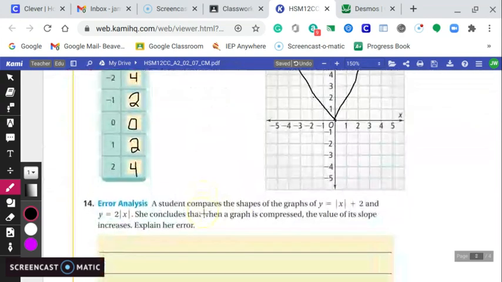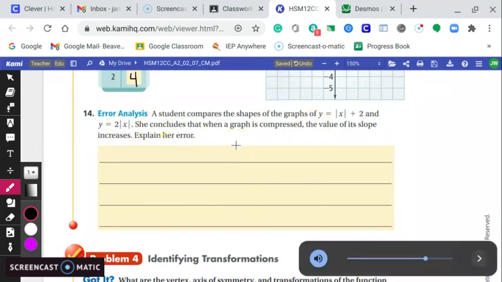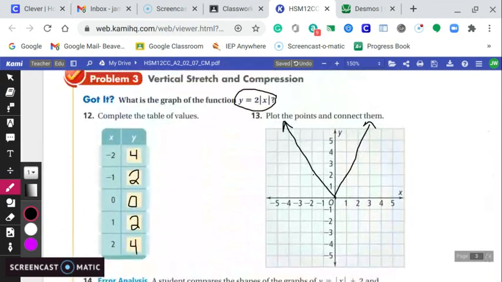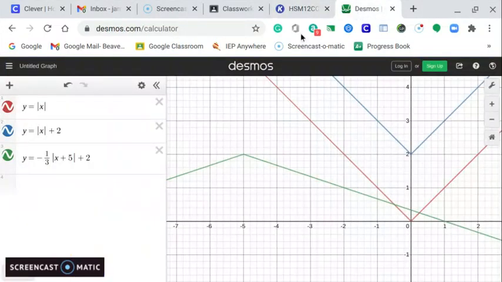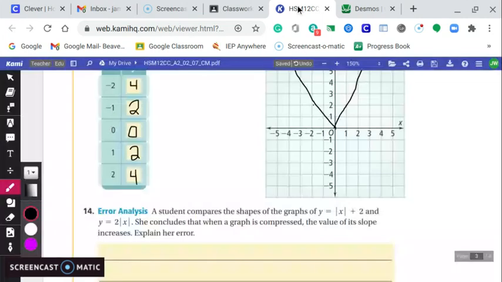The question down here: the student compares the graphs of this and 2x. She concludes the graph is compressed. The value of its slope increases. Explain her error. So let's go back and do it on Desmos and show you. And this is the easiest way to compare them.